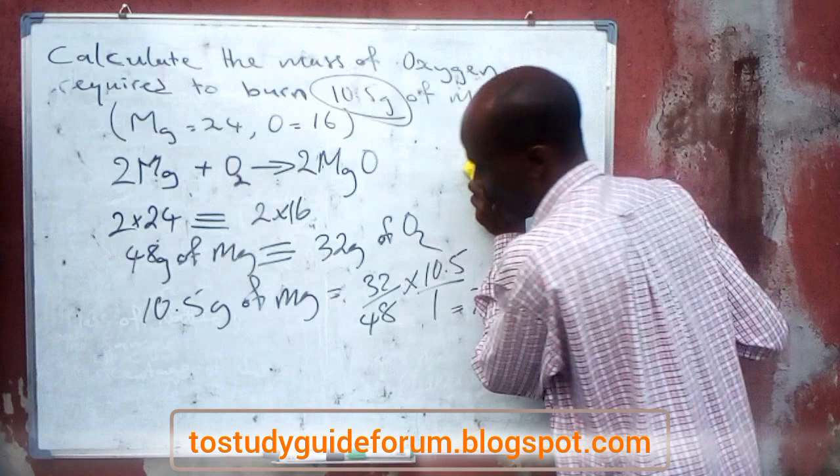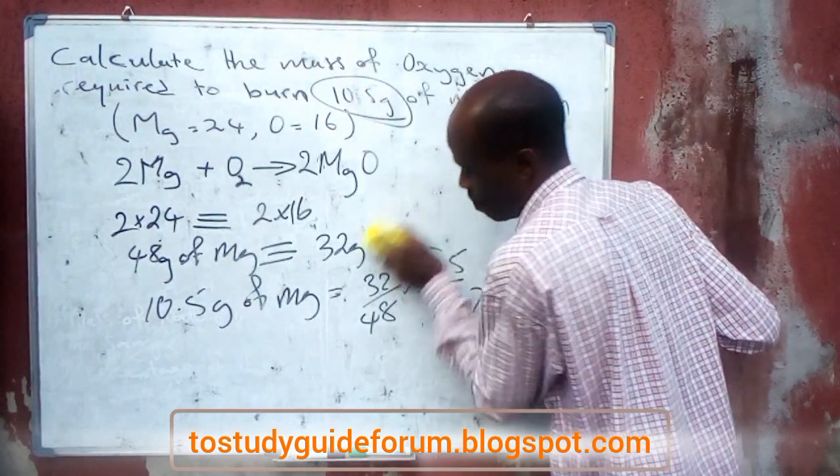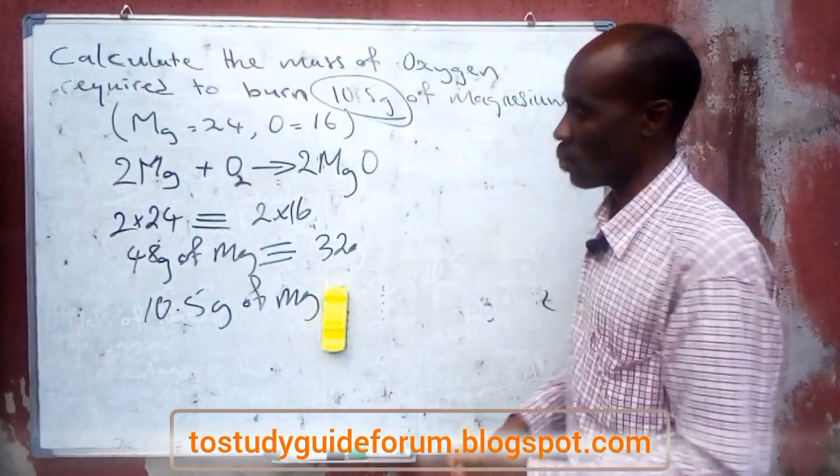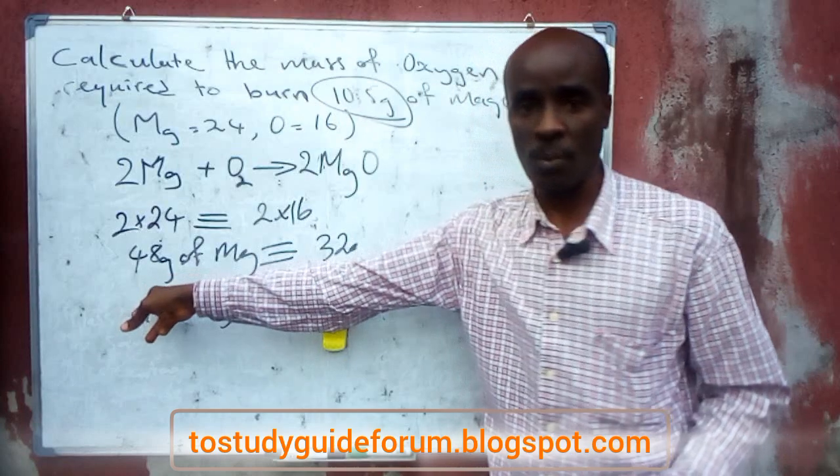In that method, we consider the number of moles involved, and that might be a bit complex. What it means is that we are going to convert the mass to moles.